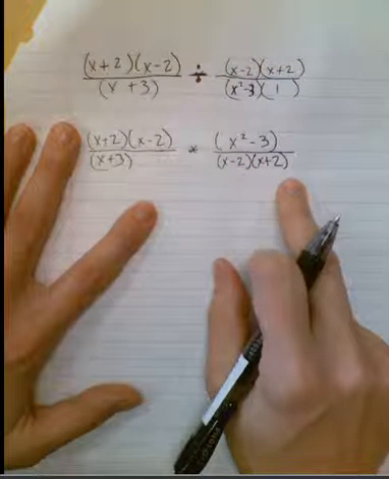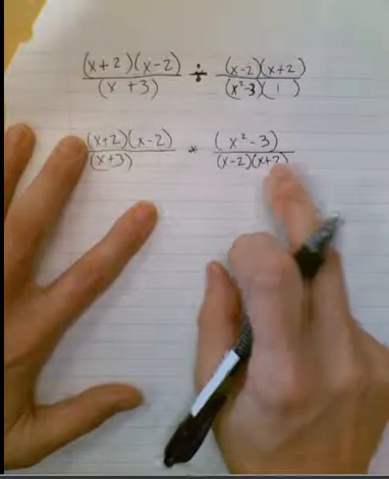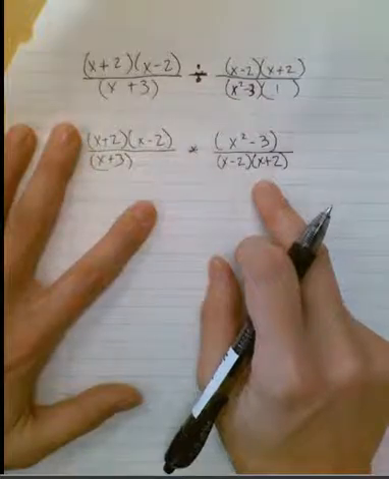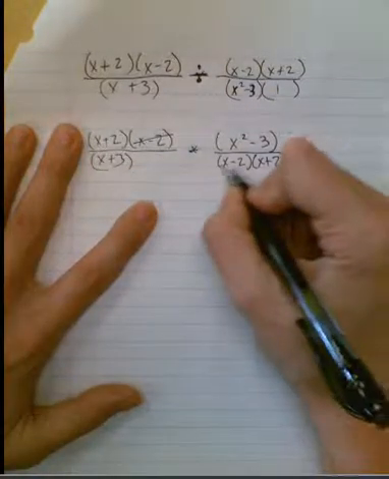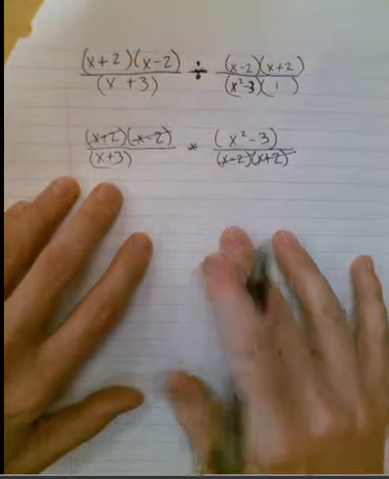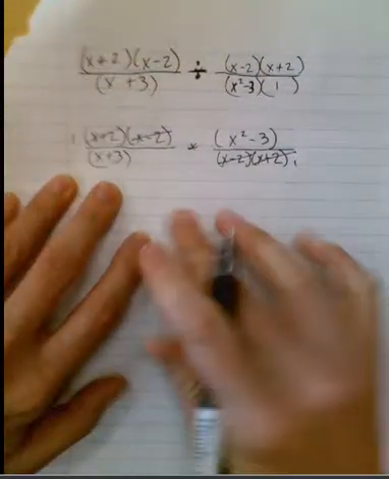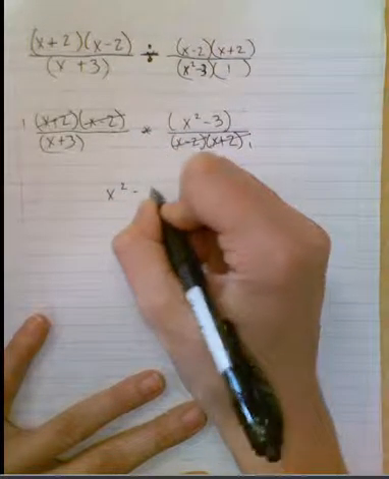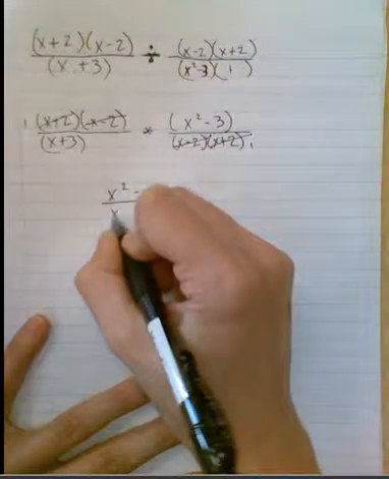Isn't it convenient that I factored, because now these two reduce to a 1, making it much easier to work out our problem. Those reduce to a 1, those reduce to a 1, and we're simply left with x squared minus 3 over x plus 3.